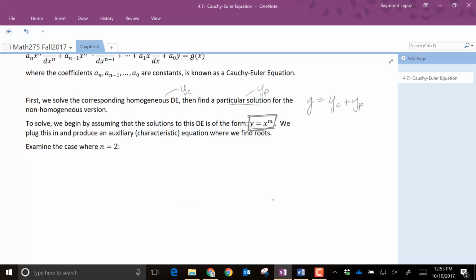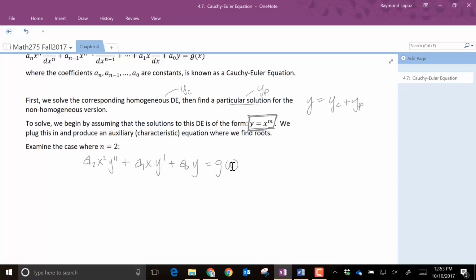It would be the coefficient times x squared times the second derivative of the function, and then the first derivative times x times a constant, and then a constant times y, equals whatever it is. So this is an example of a non-homogeneous Cauchy-Euler equation of order 2.